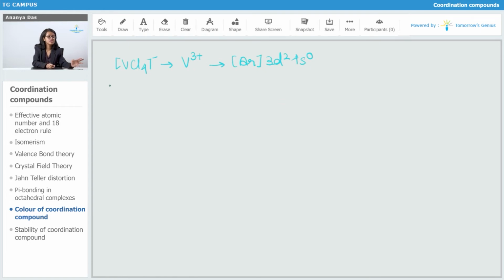But this is not an octahedral complex. This is a tetrahedral complex. So if it's a tetrahedral complex, it is going to be Laporte partly allowed and it is also going to be spin allowed. We already saw that d2 was spin allowed. So it is going to be spin allowed also.